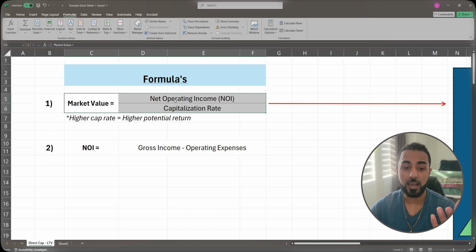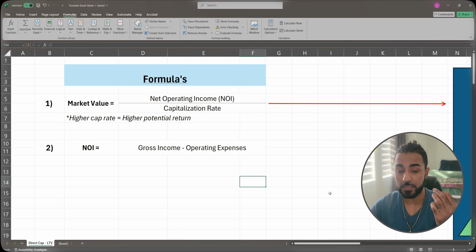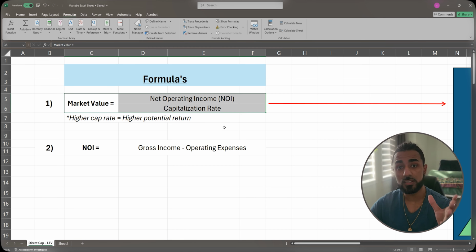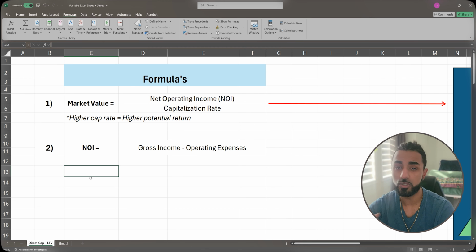So for example, let's say I get an income and I get expenses on the exam. I do the subtraction, I find the NOI, and then if I want to find the market value of that business or that property, I'm just going to do the NOI divided by the capitalization rate of that property itself. So this is the main formula that we use for the NOI question, and the reason it's called the NOI formula is because you can rearrange this.